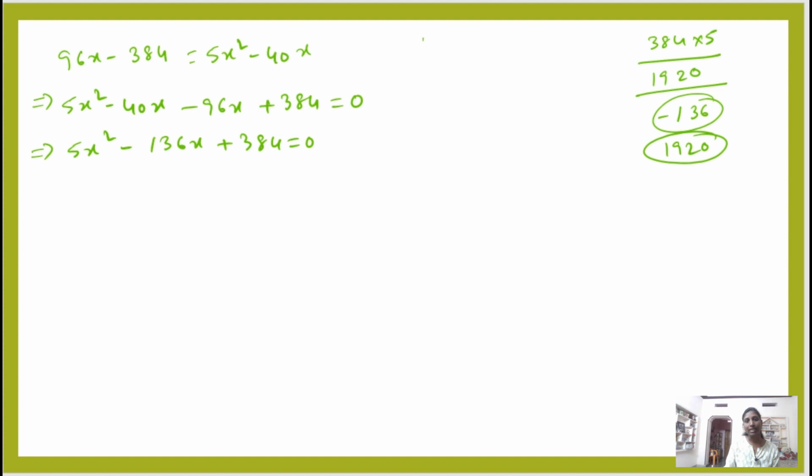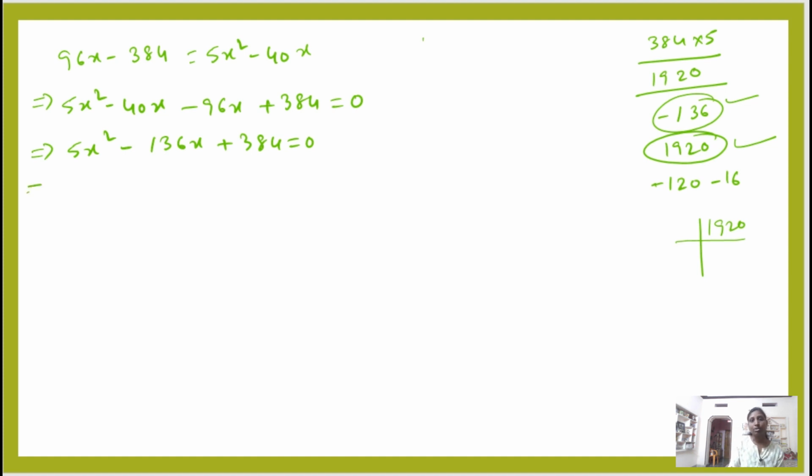So suppose I take minus 120 and minus 16, we will get sum as this, and if we multiply these two numbers we will get product as this. Okay. You can do it by using prime factorization also. If I do the prime factorization, the video will be long. So directly I am taking these numbers.